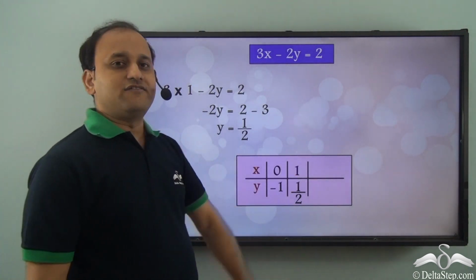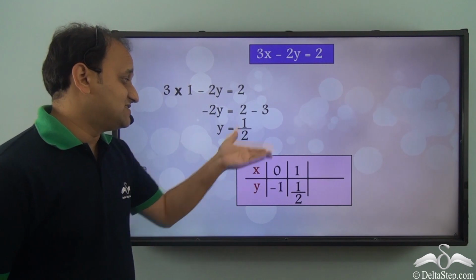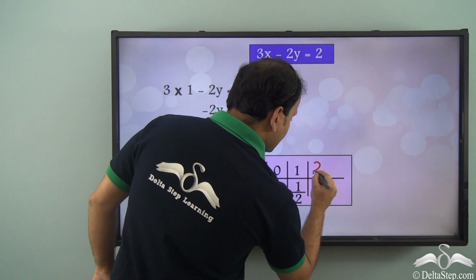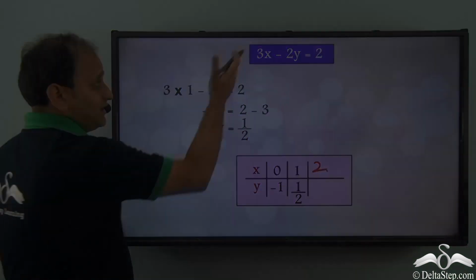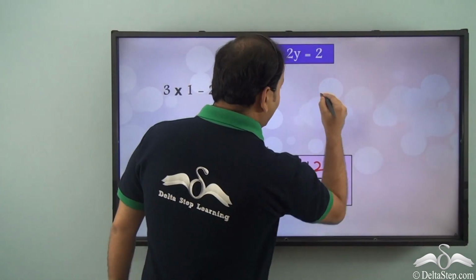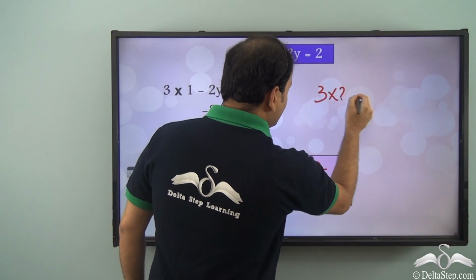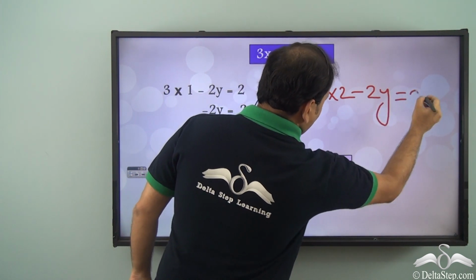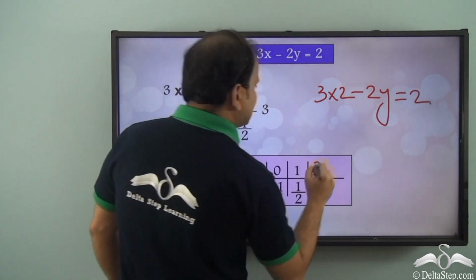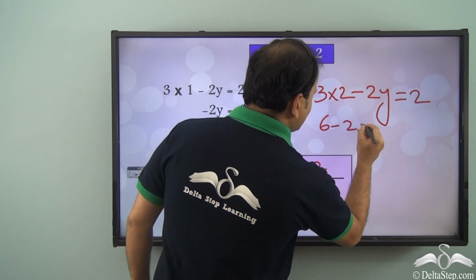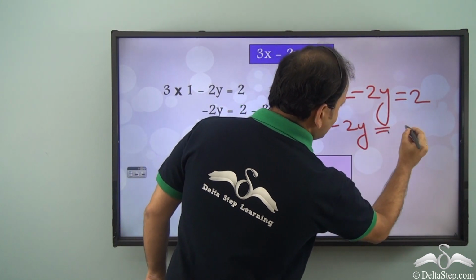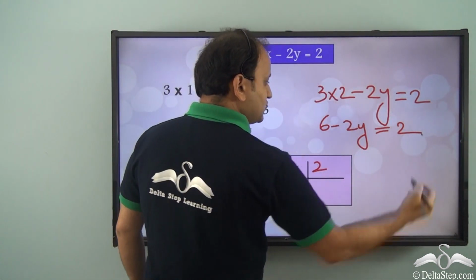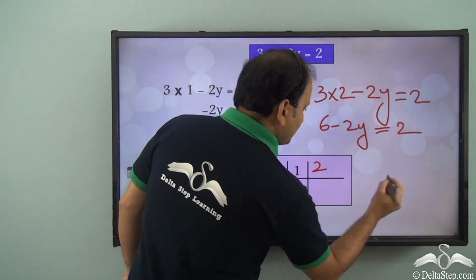Now if we take another value of x, let's say x is equal to 2, then what do we get? If we have x is equal to 2 and we substitute in this particular equation, we get 3 into 2 minus 2y is equal to 2. So this will be 6 minus 2y is equal to 2. Now if this 6 moves on this particular side, what do we have?